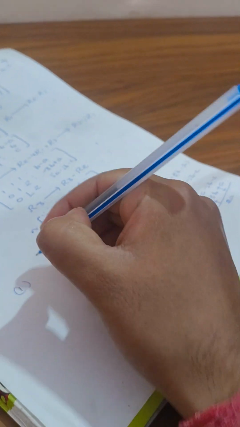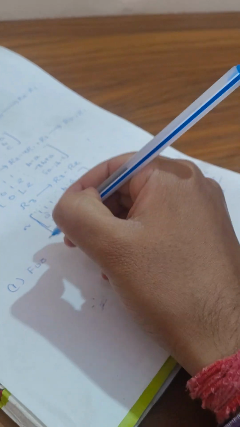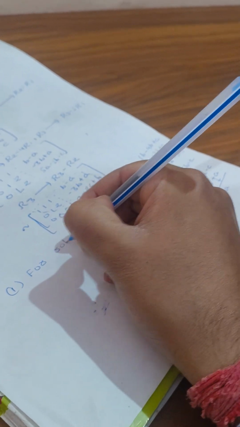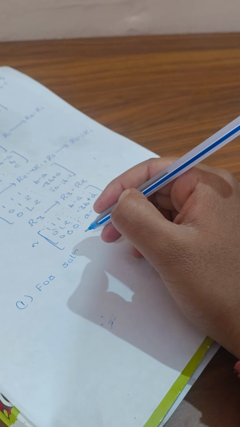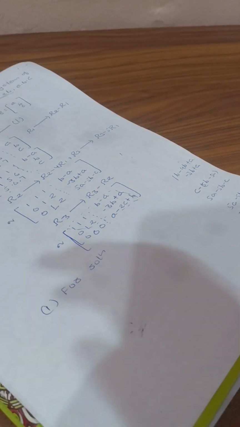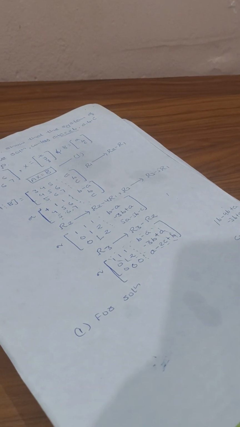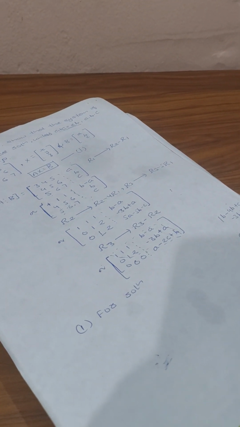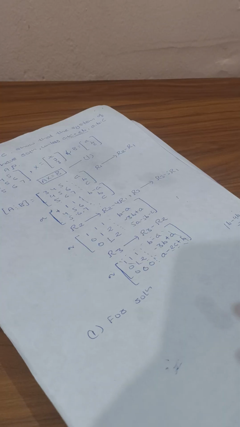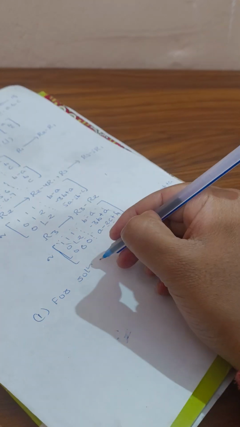For no solutions, I already discussed in the previous module the formula for all the conditions like no solution, unique solution, and infinitely many solutions.